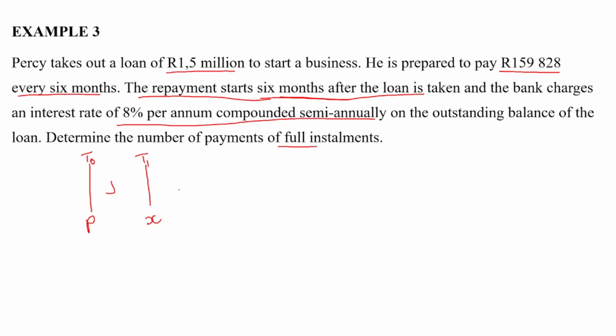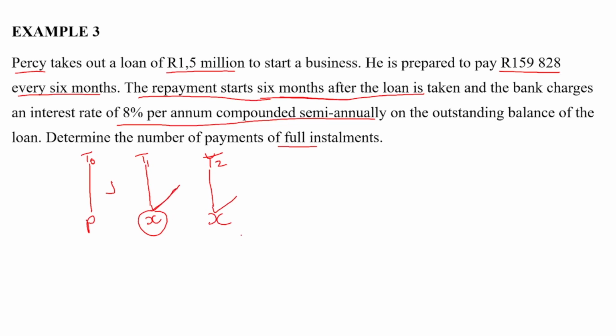In general, loan repayments start at the end of the first period after the loan is taken. After that, the payments are done till the loan is amortized. So Percy is going to pay every 6 months. After 6 months, he starts paying. After another 6 months, he pays again.